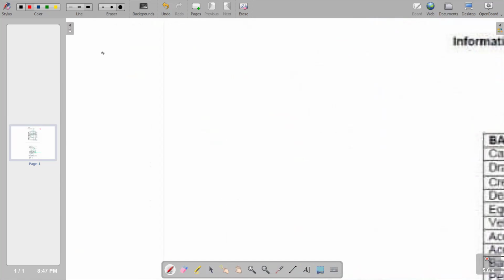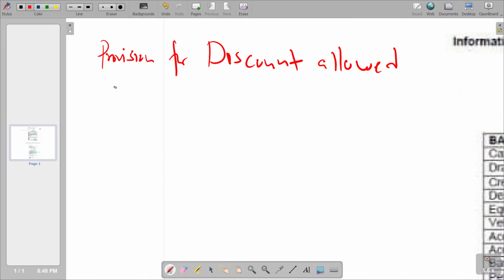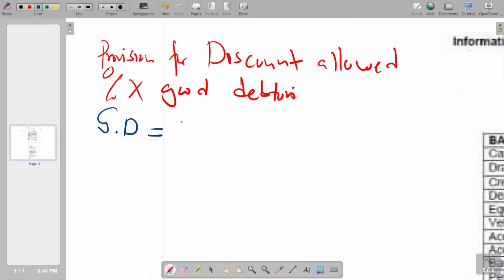So we're going to say calculation for provision for discount allowed: percentage times good debtors, whereby our good debtors is equal to the debtors figure minus the provision for bad debts amount.